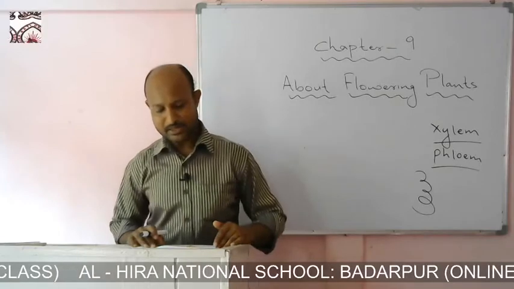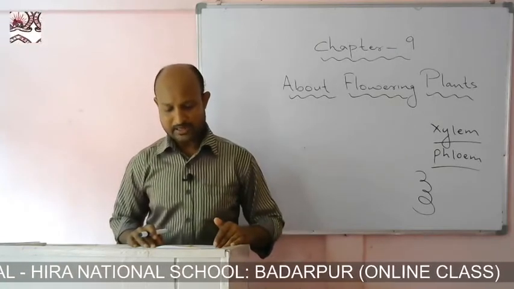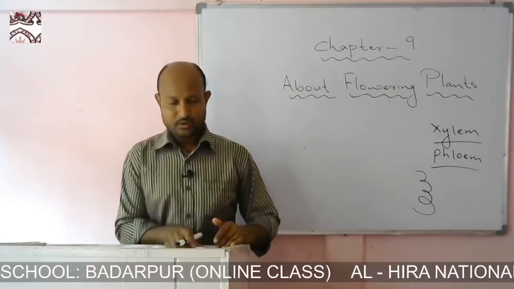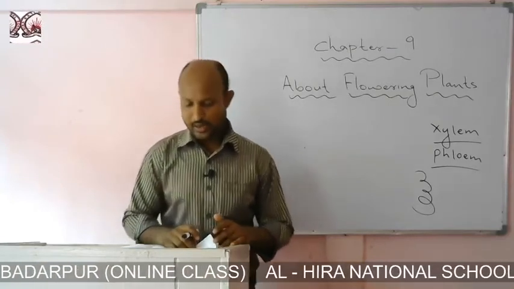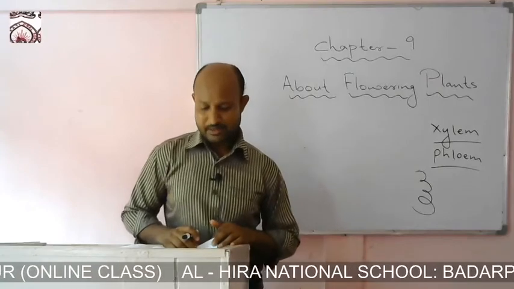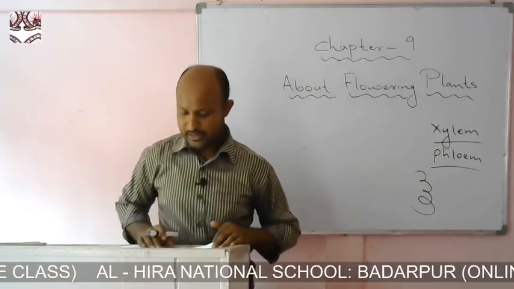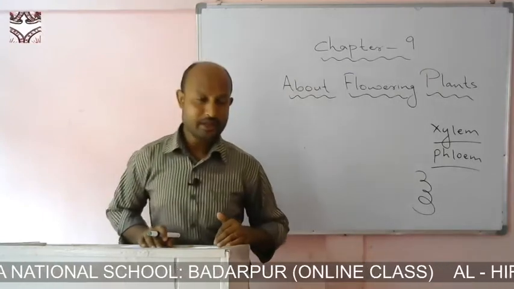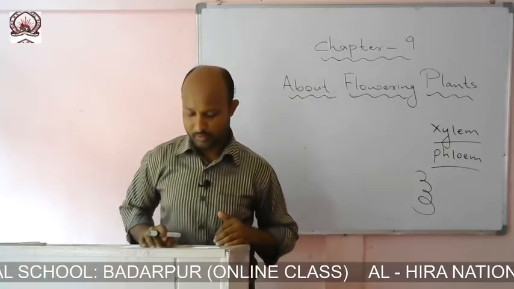Sometimes the sepals and the petals together form tepals, as in the tuberose plant, known as Rajnigandha in Hindi. Some flowers have only stamens, while others have only carpels, which is the female part of the flower.